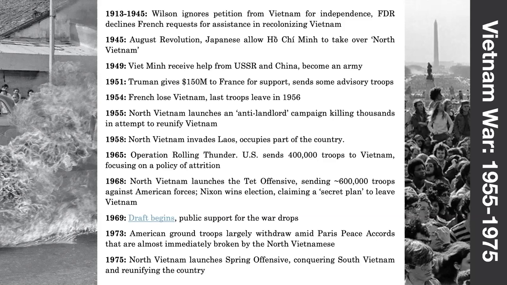And Johnson weirdly felt compelled to go into Vietnam, so he started sending more and more troops, and eventually there was a draft which was so unpopular that Johnson decided not to run for re-election. We'll get to that soon.